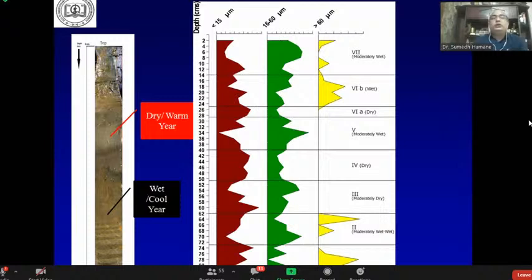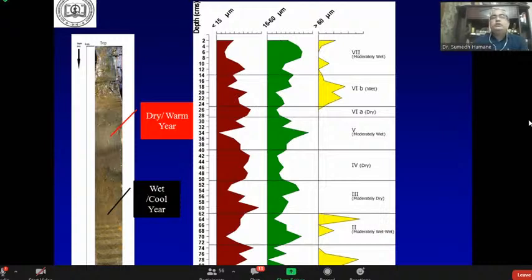During dry periods, there is less availability of nutrients, so diatoms do not grow to a large size. Their population will also be restricted, so their size will be minimum. So smaller diatoms indicate drier conditions, and larger diatoms indicate wetter conditions.